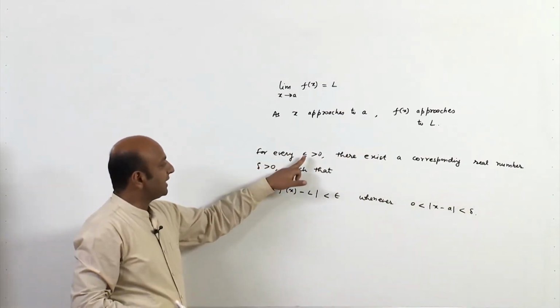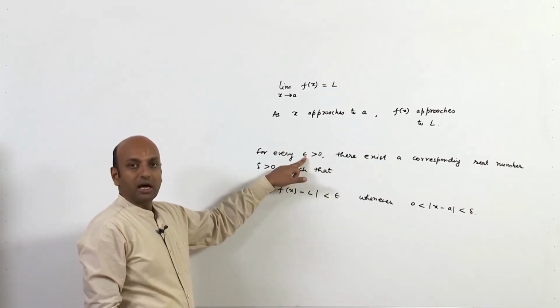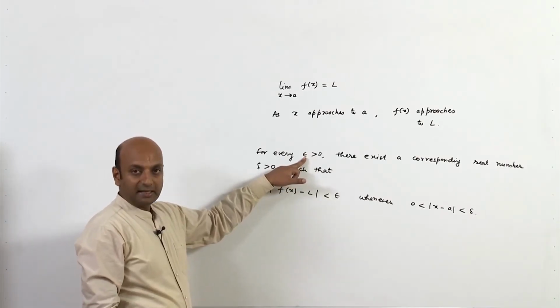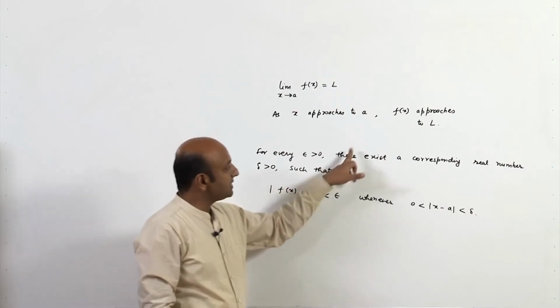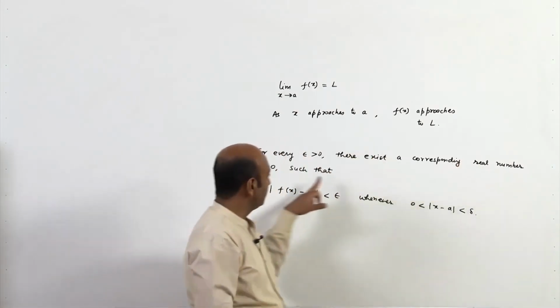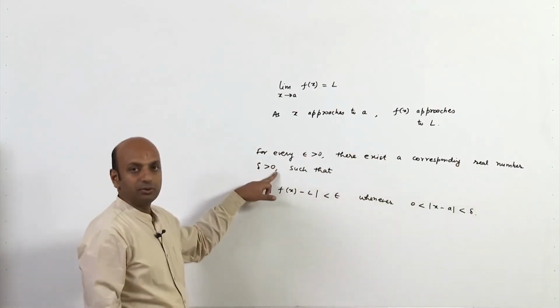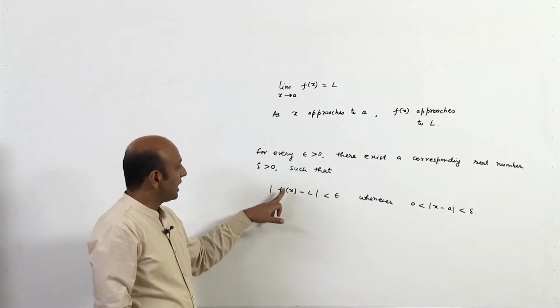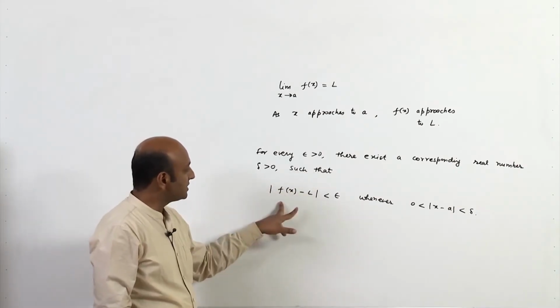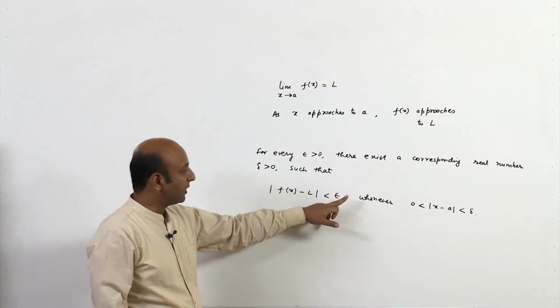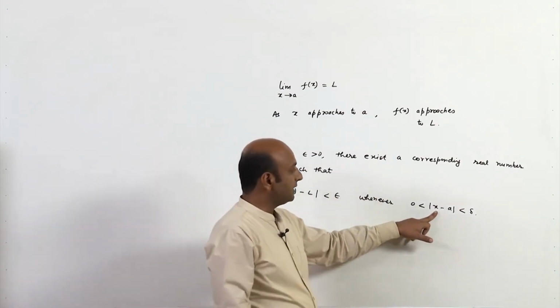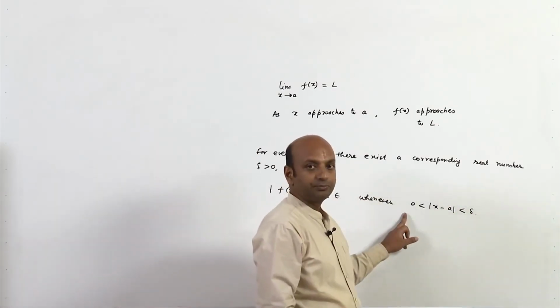You take any epsilon greater than 0, no matter how small or how large, there will always exist a corresponding delta greater than 0 such that mod of f x minus L is less than epsilon whenever this quantity is less than delta.